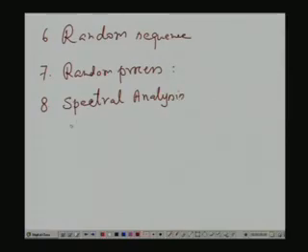After this comes the topic spectral analysis. In spectral analysis, we will introduce you to the notion of power spectral density of a random process. That needs this notion of stationarity first, and also, why power spectral density? All those questions will be dealt with. Properties of power spectral density will be explained in detail.